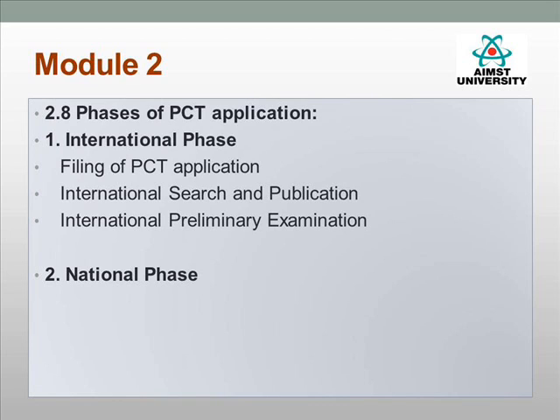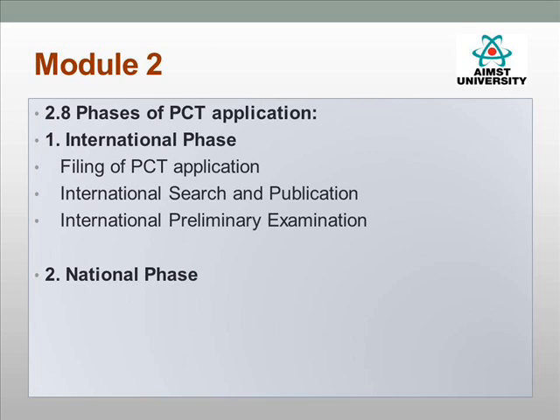Second stage is international search and publication. The PCT application is then subjected to an international search to identify whether any prior art which would affect the patentability of the invention is available. On completion, an international search report and a written opinion on the findings will be issued.